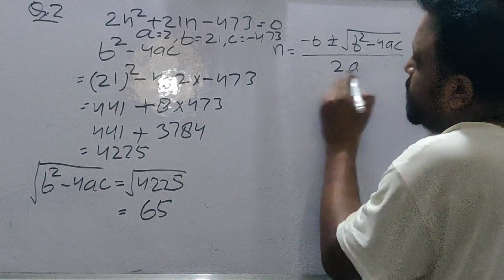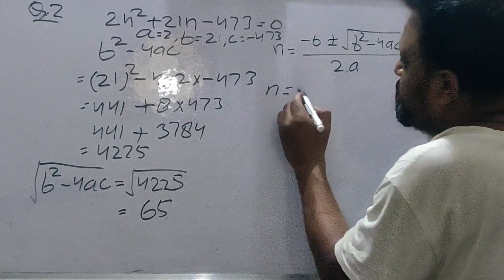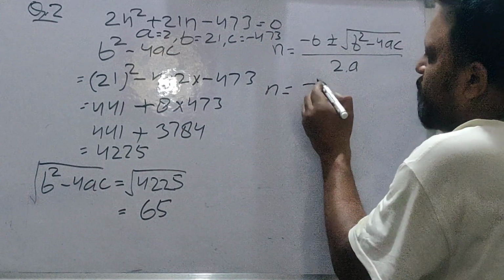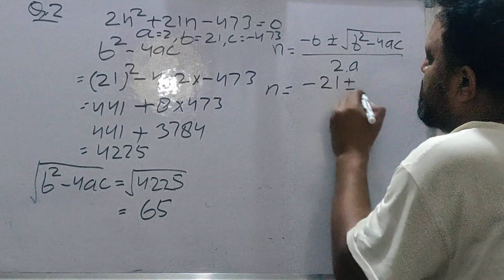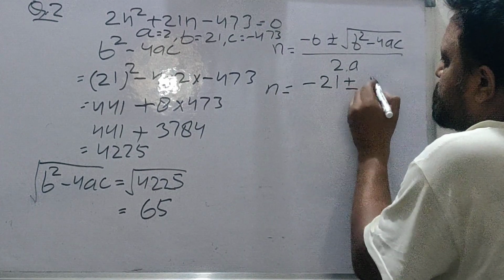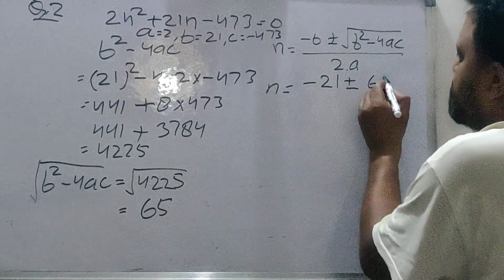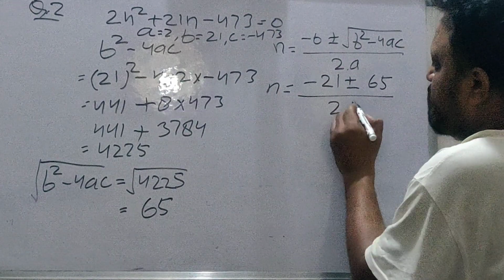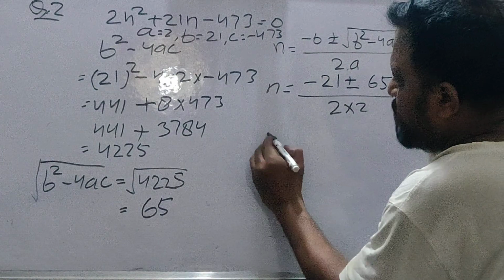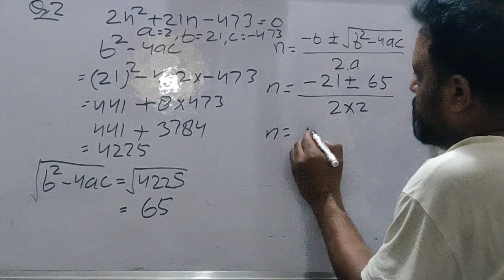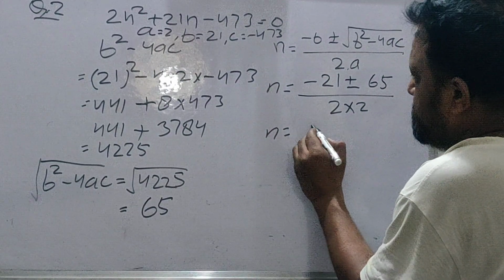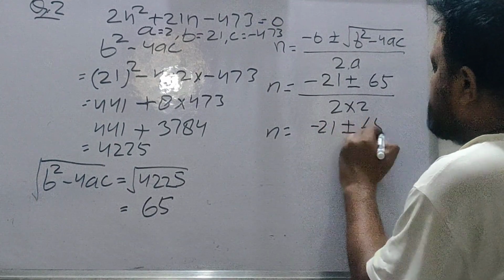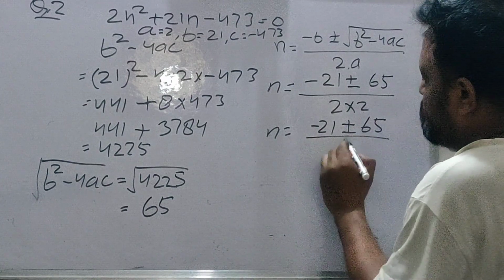So n is equal to minus 21 plus minus 65 upon 4.